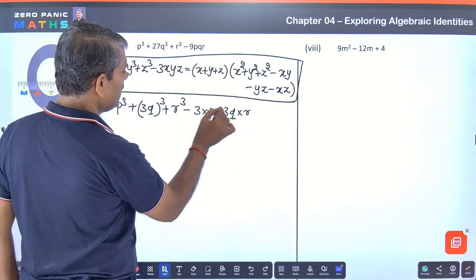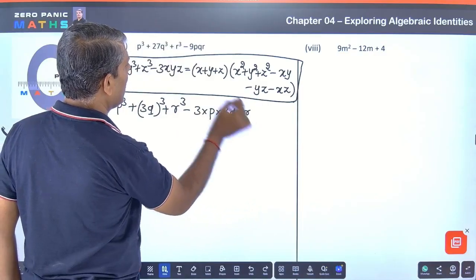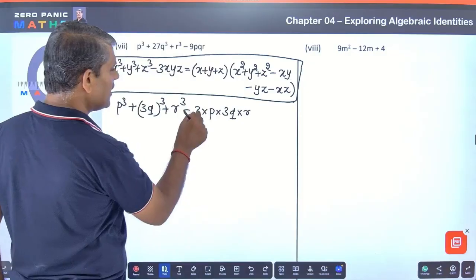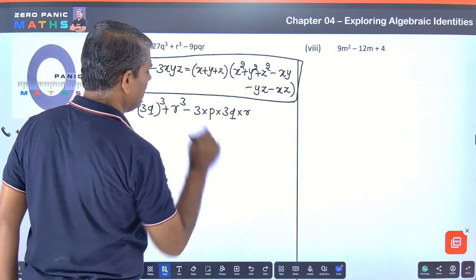You see that 3 3s are 9pqr, and it is 3xyz.